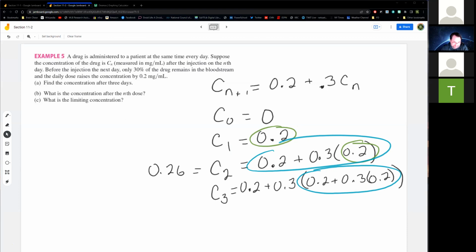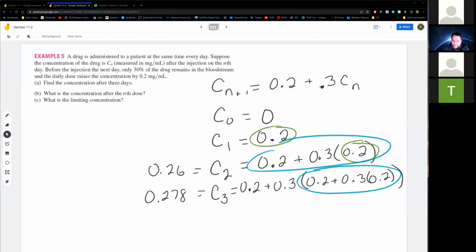Does that make sense? Or no? But remember, for the series, whatever the one previous to it is, we're multiplying by 0.3, and we're adding the 0.2 to it.